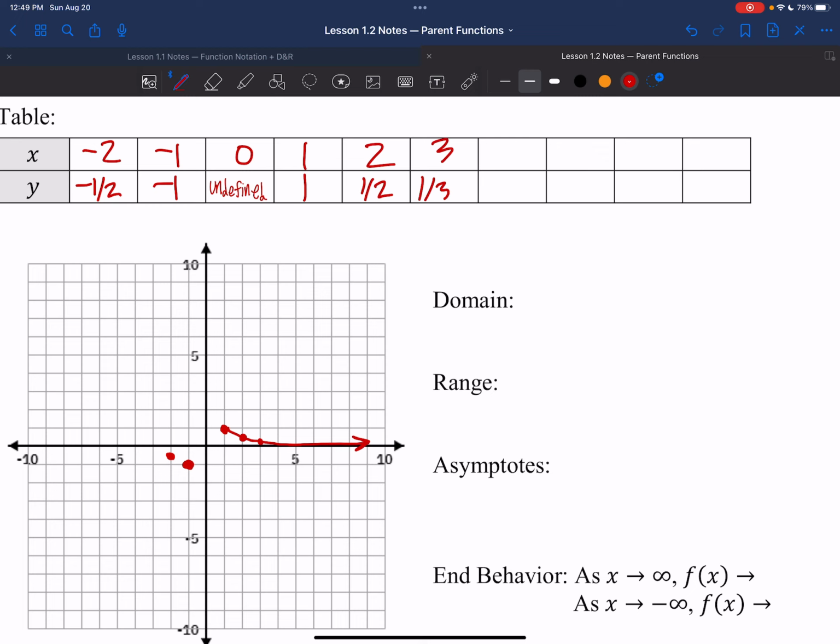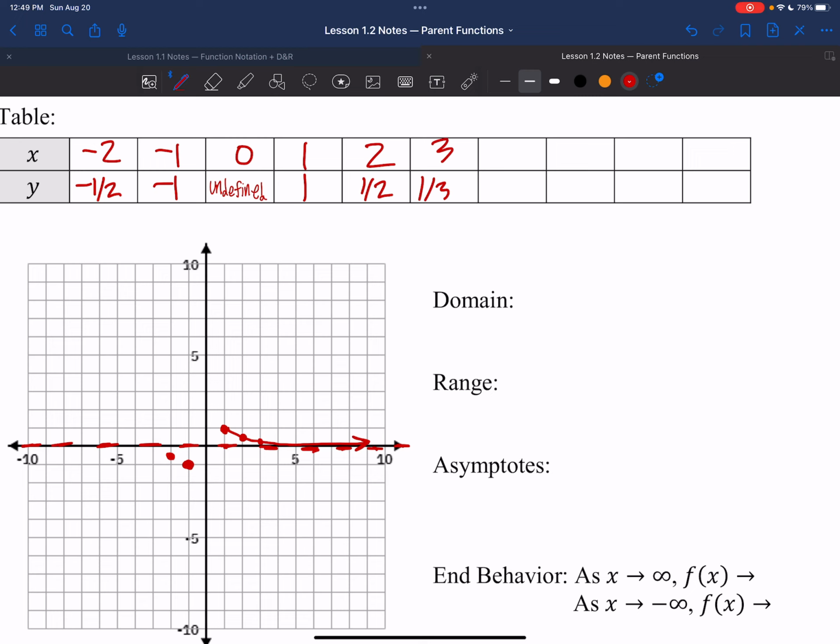That leg, if you just think about it, 1 over 2, 1 over 3, 1 over 4, 1 over 5, 1 over 6, 1 over 10, right? It's getting really, really close to 0. But kind of like the exponential one, it's not going to touch. So we're actually going to have an asymptote here at 0. I'll be helping the group along with this one.